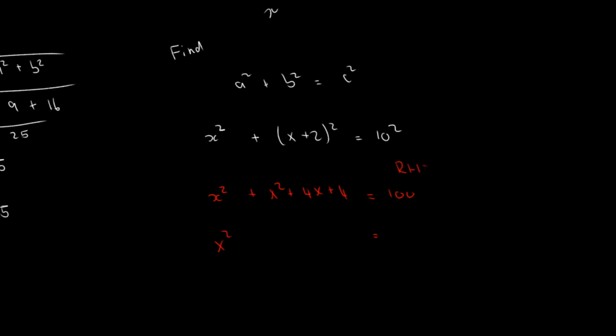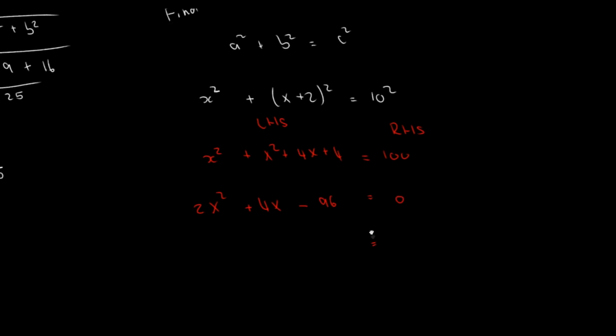This would be my right-hand side. This is my left-hand side, and it becomes a negative value whenever you shift between left and right. Okay, so x squared plus x squared gives me 2x squared plus 4x minus 96 is equal to 0. Now we can solve.